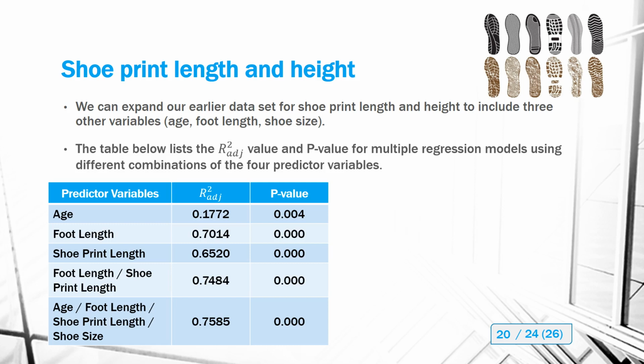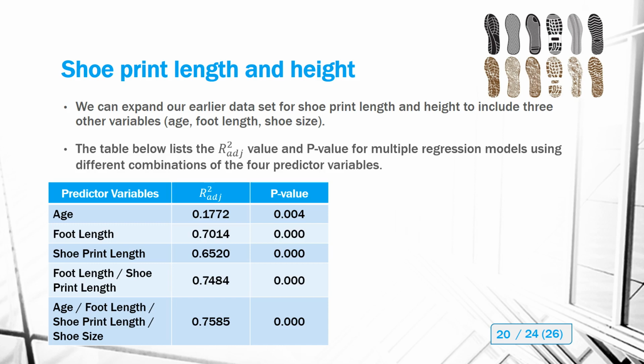Likewise, I can make a model that has just foot length, and its adjusted R-squared value is 0.7014 and its p-value is 0. And go on down the list. The last model in the column uses all 4 of my predictor variables: age, foot length, shoe print length, and shoe size.